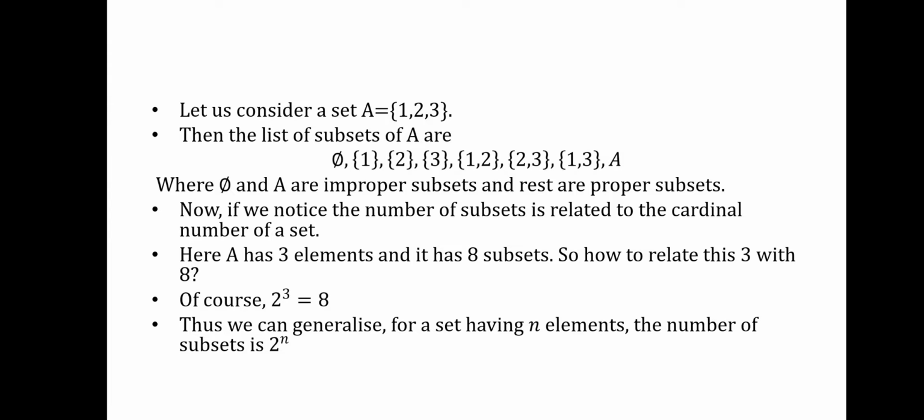So you can take any set for that matter and try listing all the subsets. Now take 4 elements, try listing their subsets. You already understand that if I take 4 elements, there will be 16 subsets. It will be a big list of subsets, but you can obviously try and check.